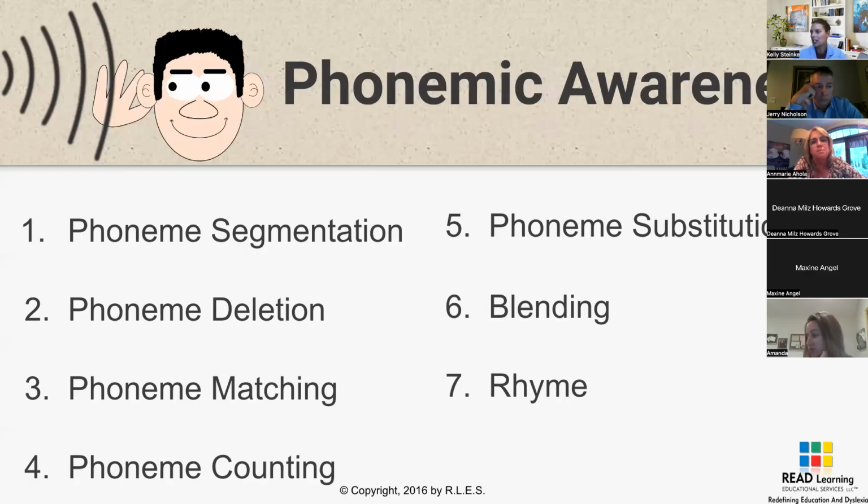Phoneme substitution is another one. An example would be, say the word bake. This is a low-level example, but now say bake, but change A to E. What's your new word? Beak. Blending. Oftentimes, this is unexpected.